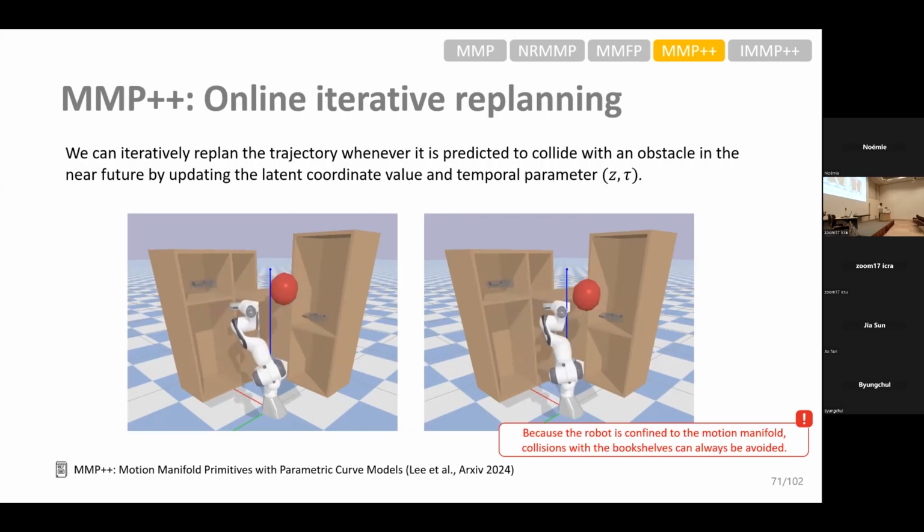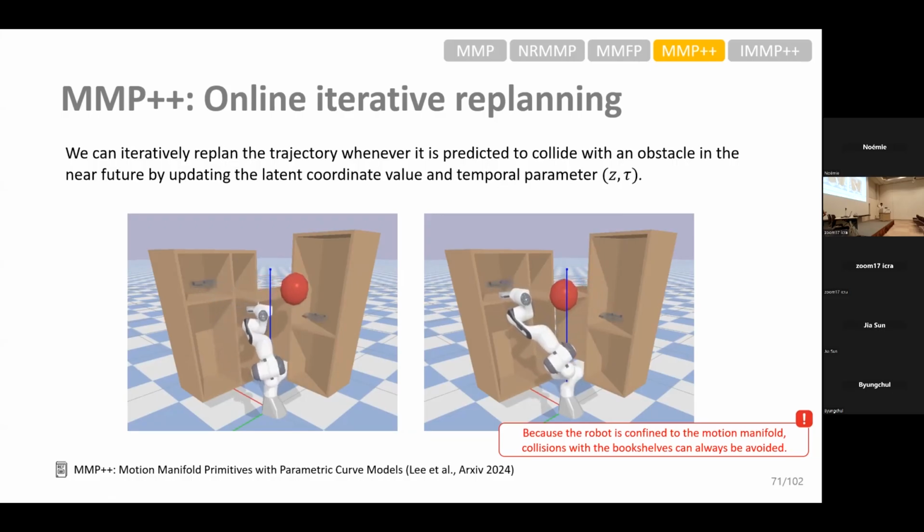Can you look at your possible alternatives and change the trajectory? Yes, that's exactly what it does, in this slide. When we train a motion manifold, a manifold of trajectories, a trajectory lying in the motion manifold is guaranteed not to collide with the bookshelf, but it may collide with the moving, dynamic obstacle in this slide.